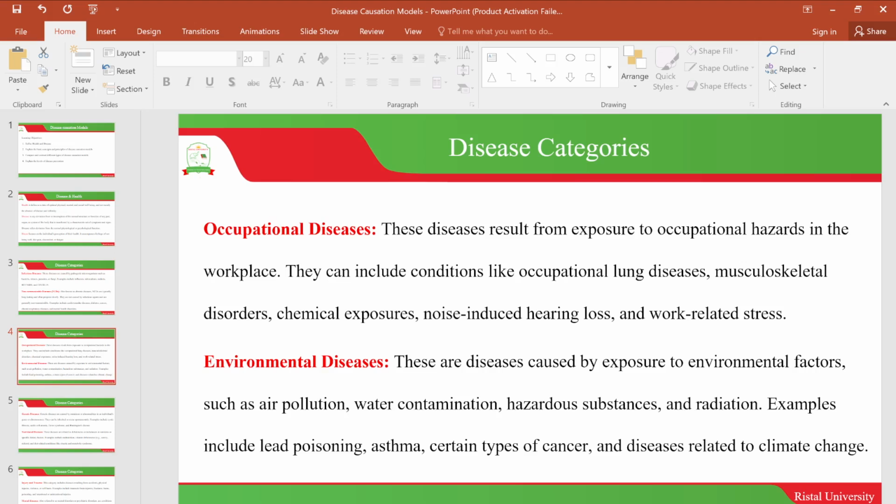And then environmental diseases. We know that environmental factors play an important role in the transmission of different diseases. Malaria has an environmental component, typhoid has an environmental component, and many other diseases.